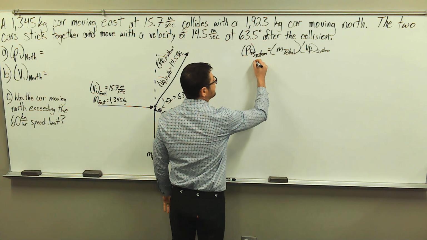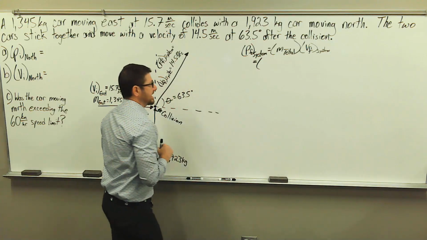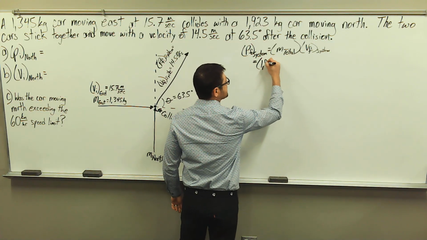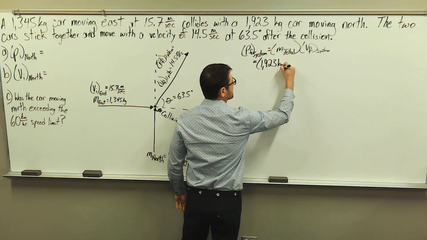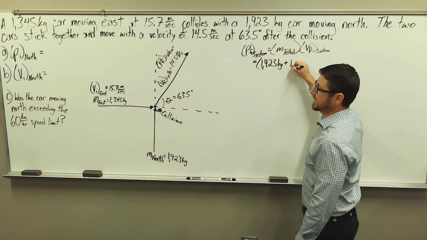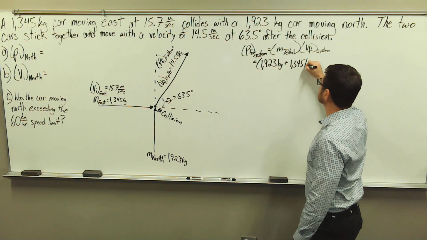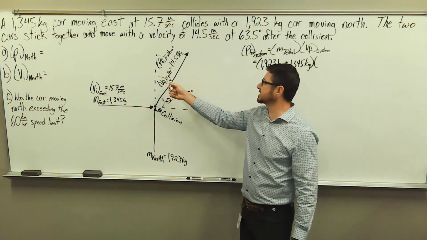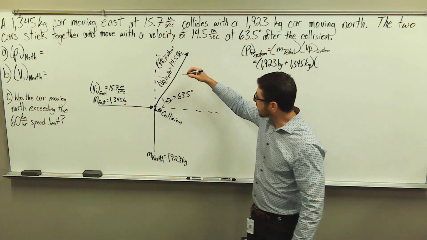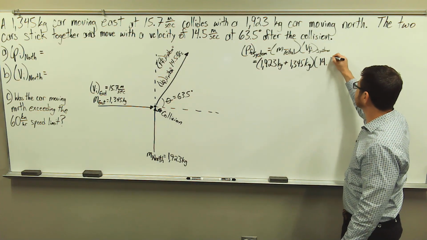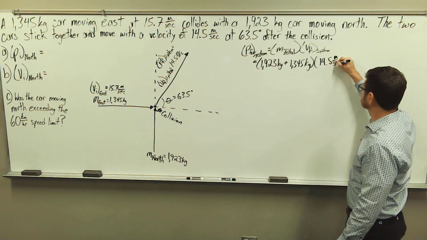So what we have is mass of the vehicle moving north, 1,923 kilograms, plus mass of the vehicle moving east, 1,345 kilograms, times the final velocity of the system. Right here it was given to us in the problem. Okay, 14.5 meters per second.